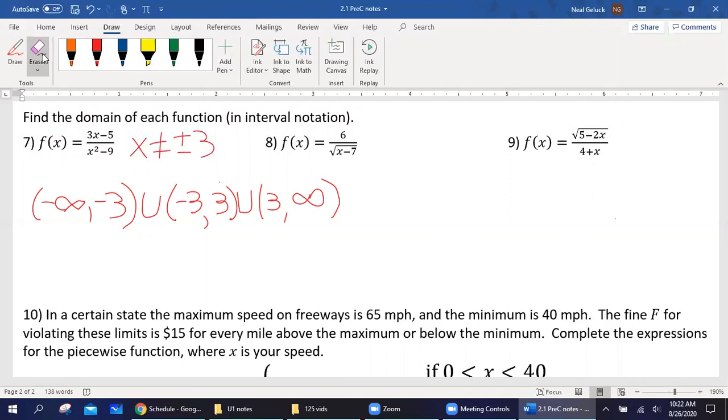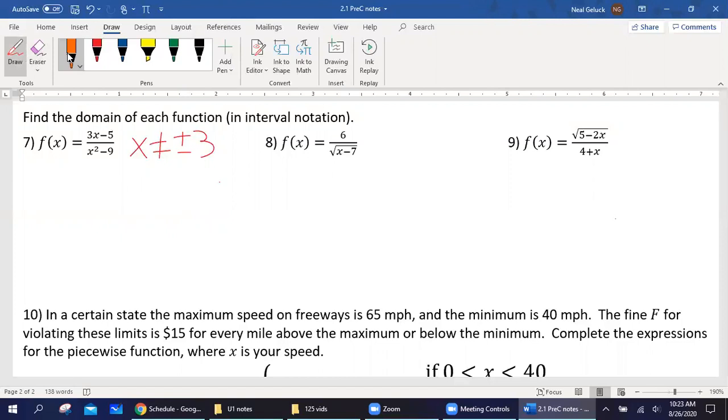For number 8, we've got this even root, the square root, and it's also in the denominator. So remember, we've got really two things to worry about here. Usually I would say I want the stuff in the square root to be greater than or equal to 0, but I don't want it to be 0 because it's in the denominator, so I clear that out.